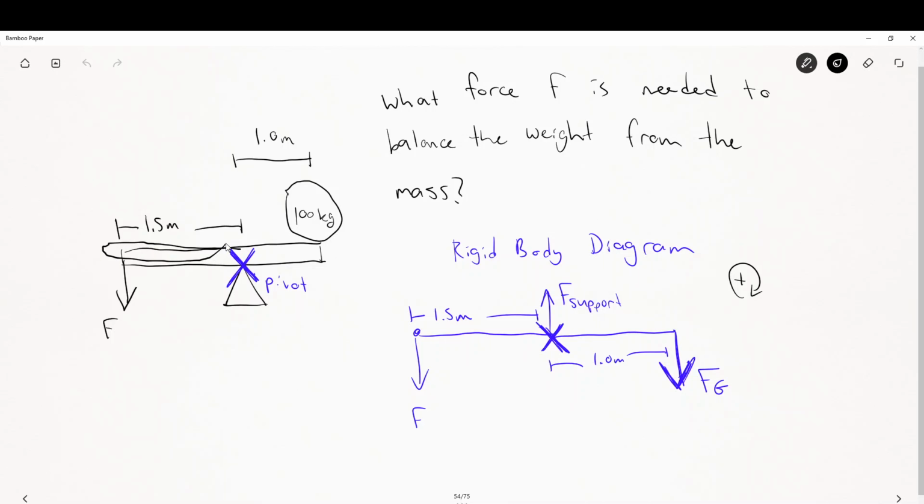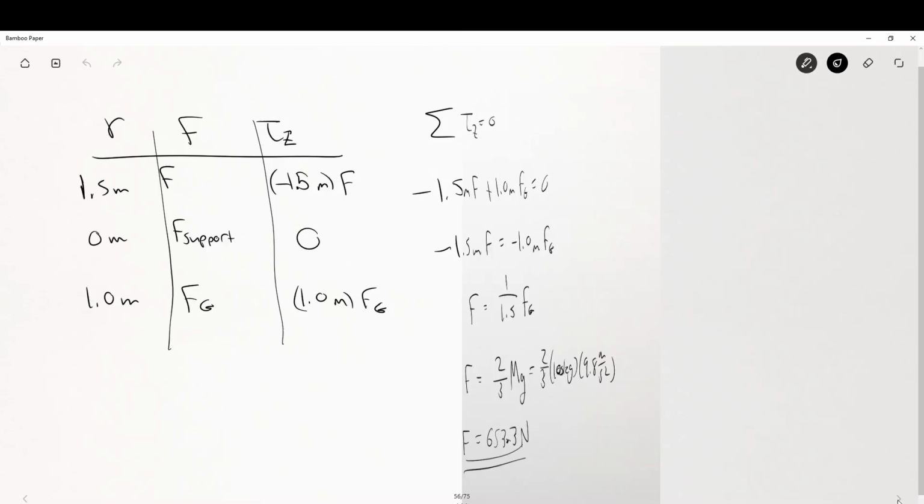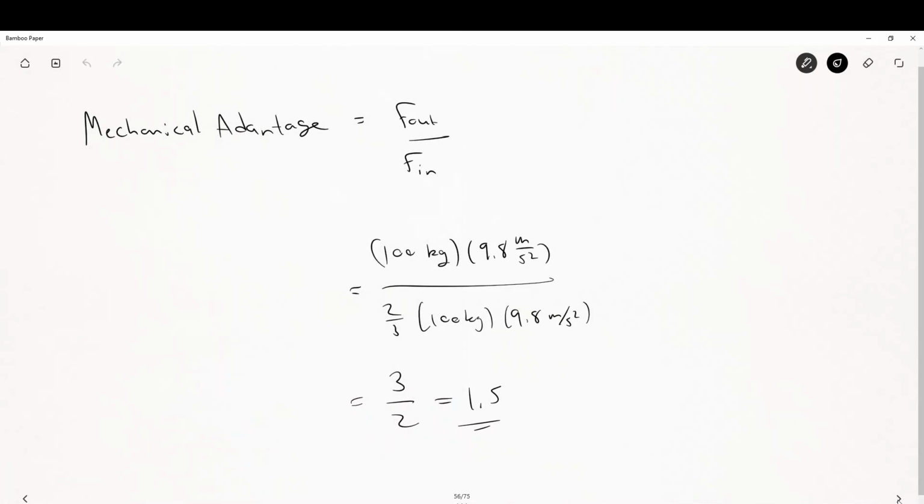So the real trade-off is that you're going to have to move that force through a larger distance, therefore doing more work in order to lift up the mass with less force. And that's where torque and work, or torque and energy, are related to each other.